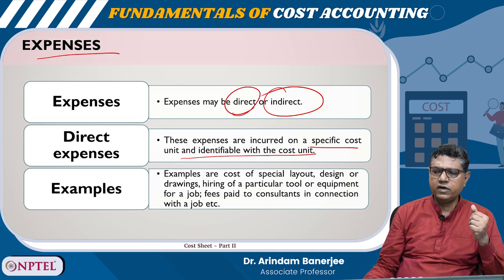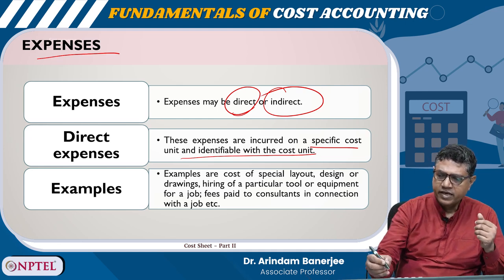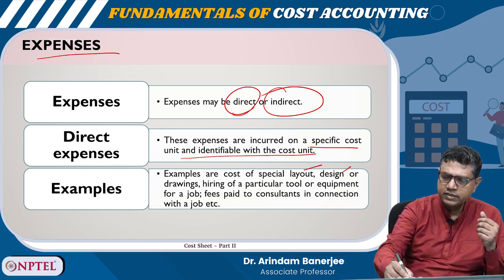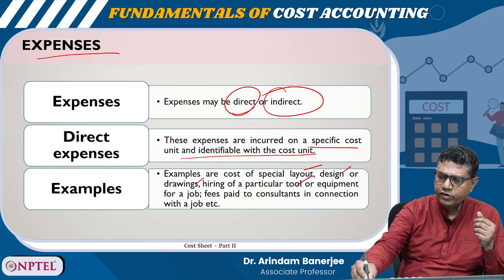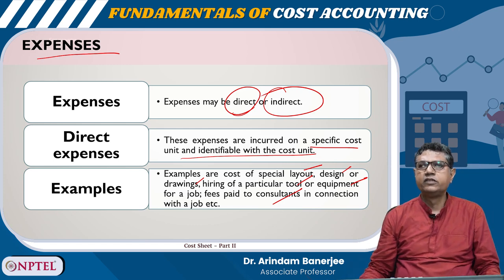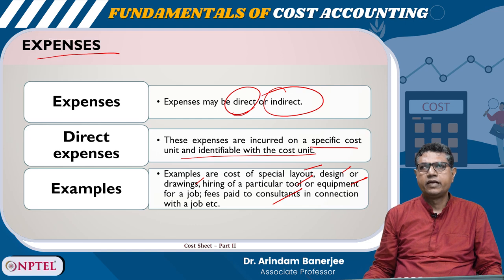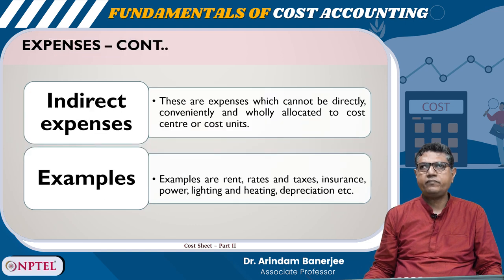What are the examples of direct expense? Examples: cost of special layout, design or drawings, hiring of a particular tool or equipment for a job, fees paid to consultants in connection with a job, etc. Okay.